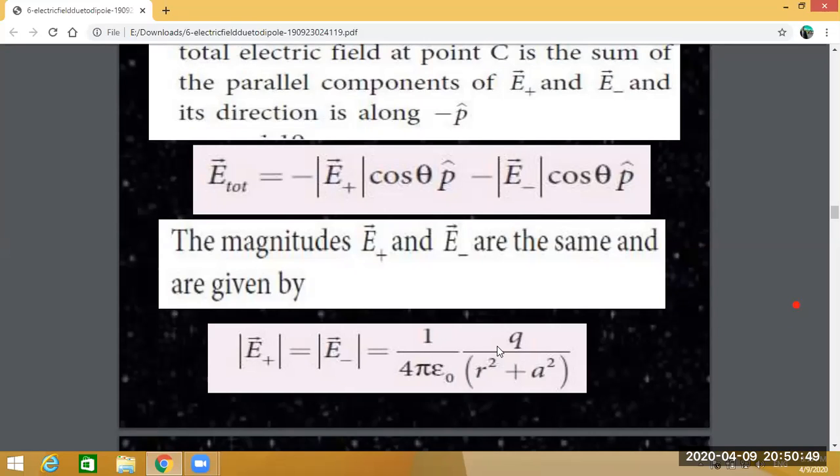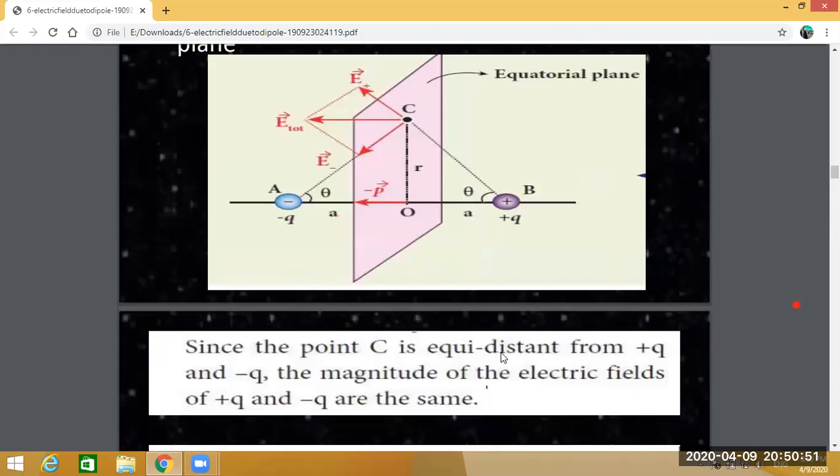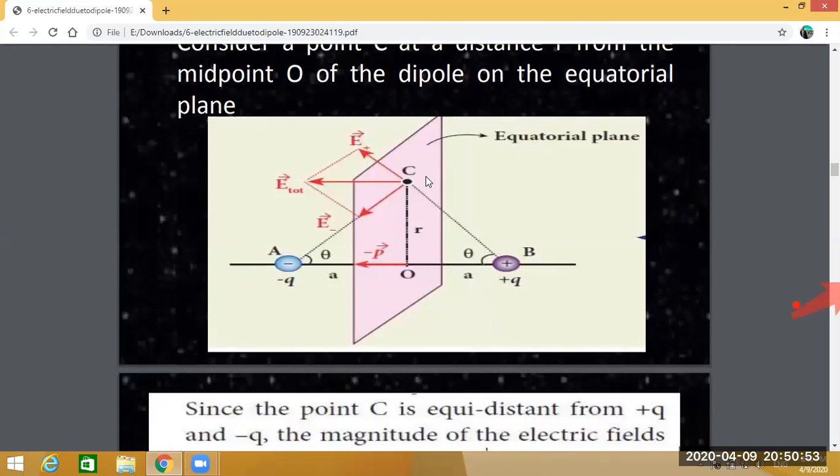Here, look at the figure. This distance B to C is determined using Pythagoras theorem, root under a square plus r square. So this distance B to C will be root under r square plus a square. Also A to C is root under r square plus a square.